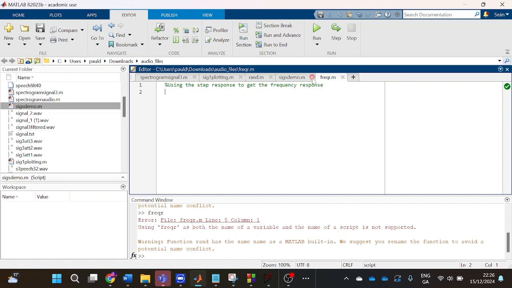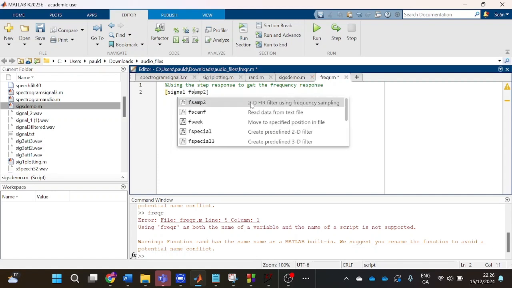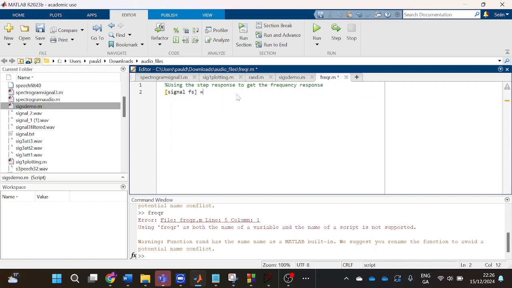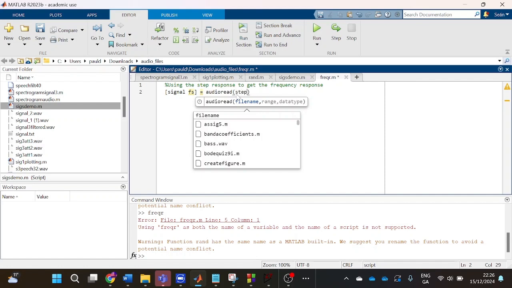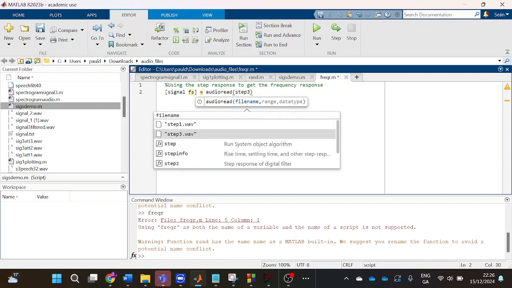Right, so this is where we're going to be using our step response to get our frequency response. So just go ahead and load in our step response using audioread, from the files, step 3.